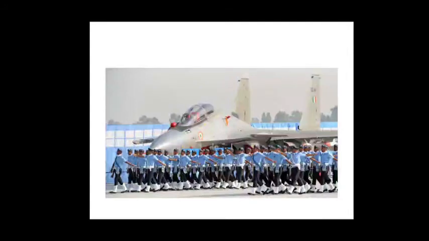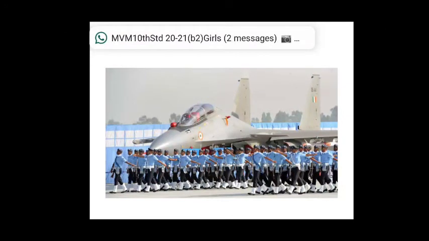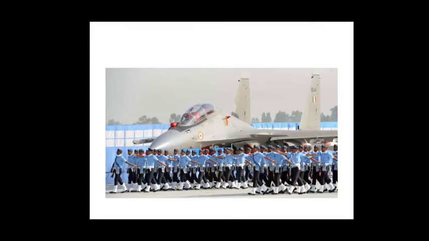It is equipped with fighter aircraft to face any eventuality, like the Jaguar. The air force comprises 1 lakh airmen and 1330 fighter aircraft. Children, the strength of the Air Force is a matter of pride to the countrymen. All the people give a clap to the Air Force.